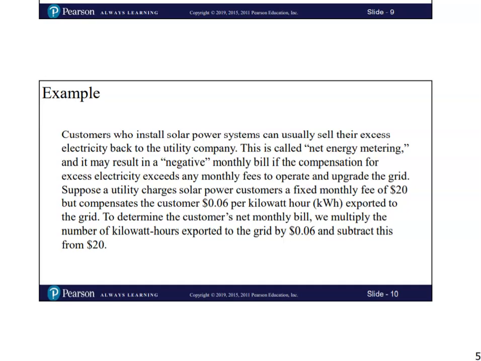Suppose a utility charges solar power customers a fixed monthly fee of $20, but it compensates the customer 6 cents per kilowatt hour exported to the grid. To determine the customer's net monthly bill, we multiply the number of kilowatt hours exported to the grid by 6 cents and subtract this from 20.